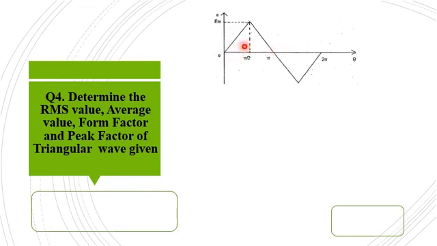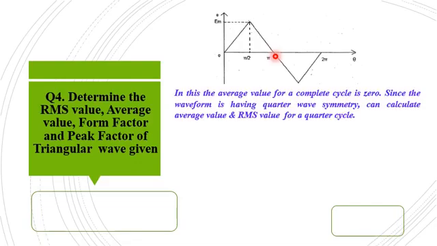So we can say that this waveform has quarter wave symmetry. The half cycles are symmetric, and also 0 to pi by 2 is symmetric to pi by 2 to pi. So there is a quarter wave symmetry, and it is enough to calculate the average value and RMS value for a quarter wave.